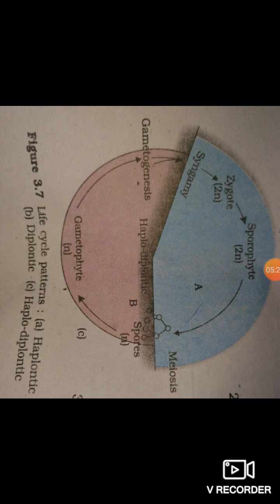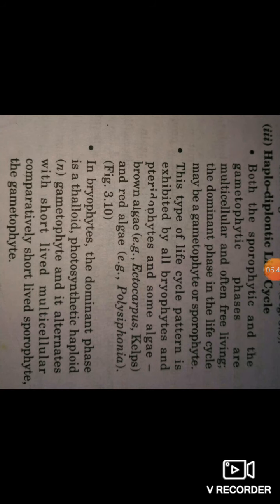Both the sporophyte and gametophyte phases are multicellular and often free living. The dominant phase in the life cycle may be gametophytic or sporophytic. This type of life cycle pattern is exhibited by all bryophytes and pteridophytes and some algae, brown algae, for example Ectocarpus, that means kelps, and red algae, Polysiphonia.